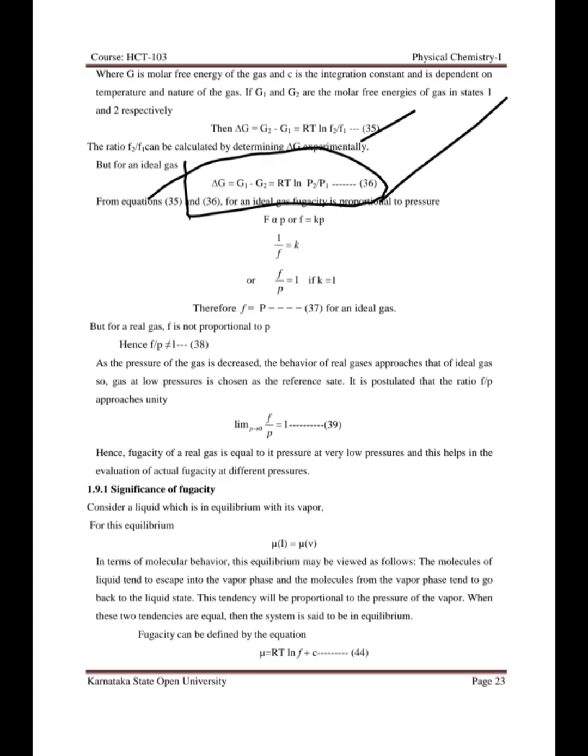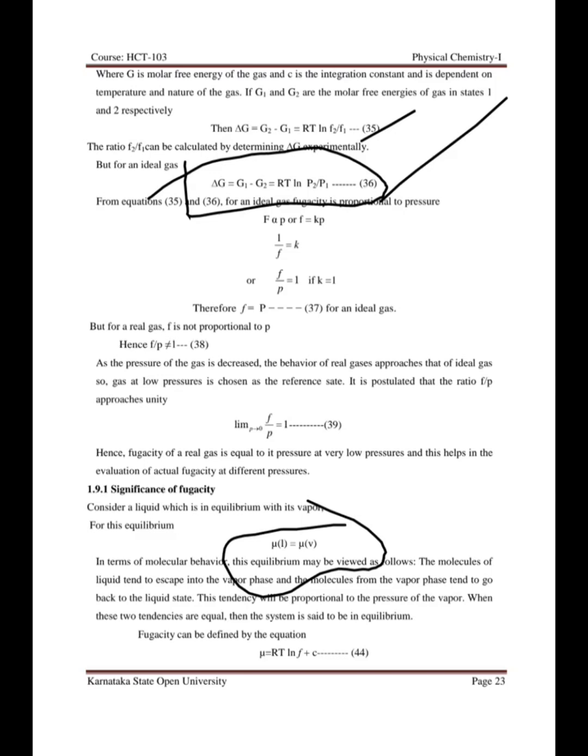So mu represents the chemical potential and F represents the fugacity. So here mu is the chemical potential taking place in the system. When these two tendencies are equal, then the system is said to be in the equilibrium state.